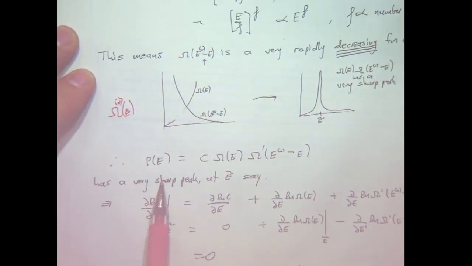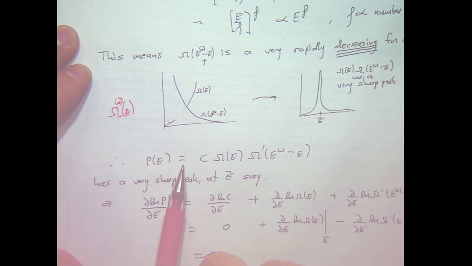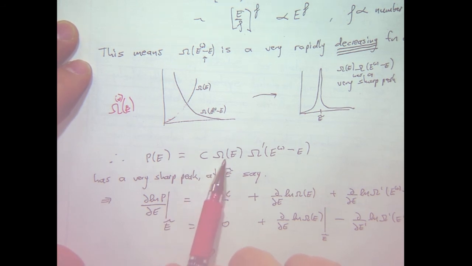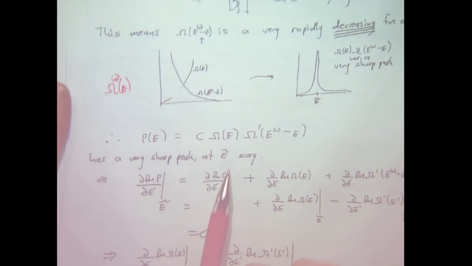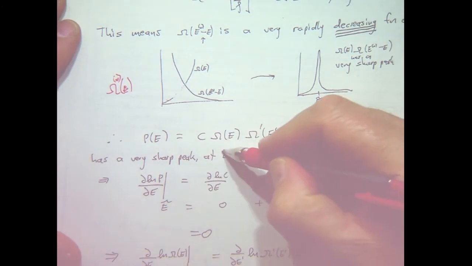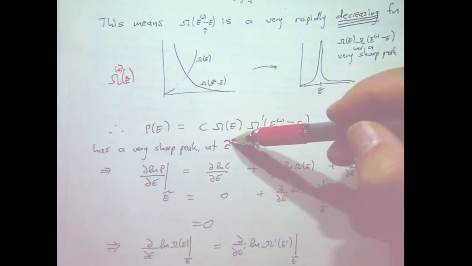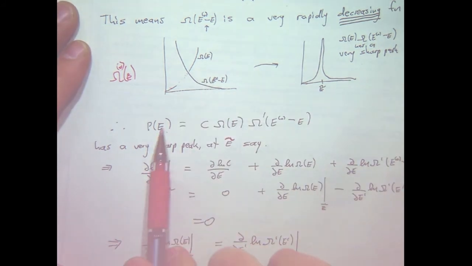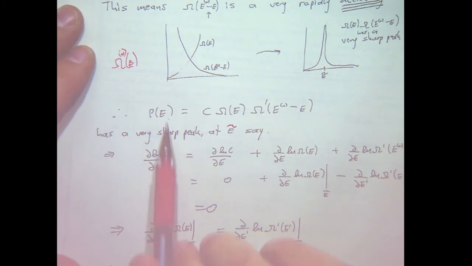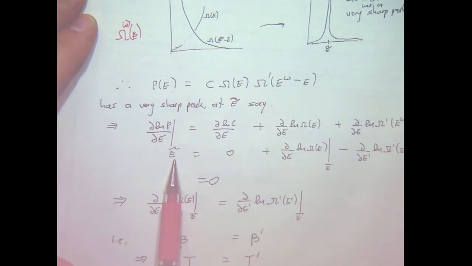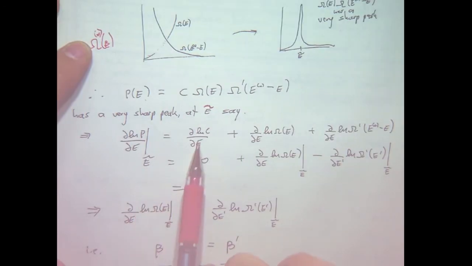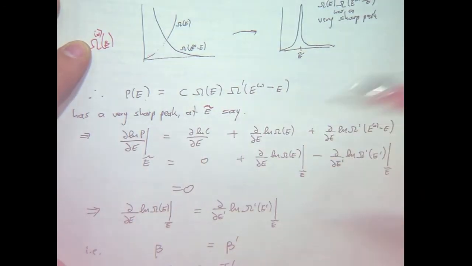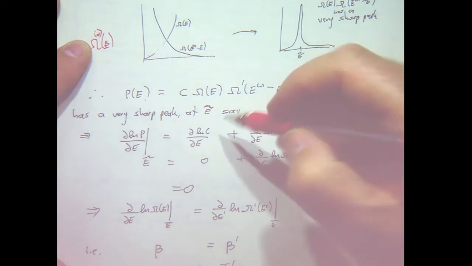And so the probability of E is some constant C times this product. It has a very sharp peak, let's say at E tilde. And where is this peak, or what does that imply? Take the log of this and differentiate with respect to E and evaluate at the peak. Is that supposed to be?